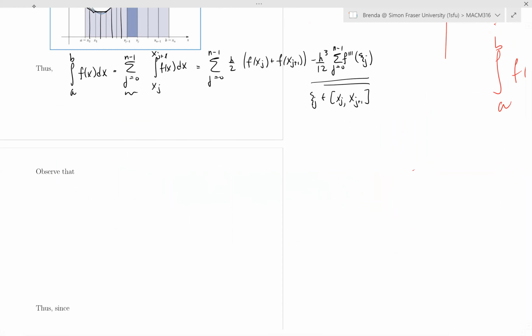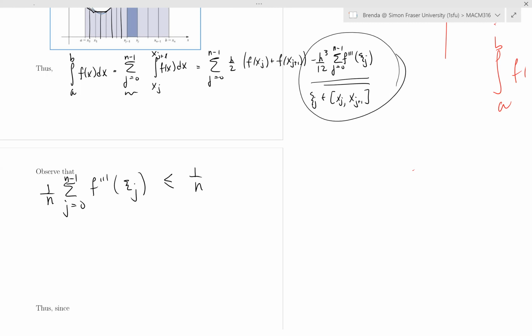If I'm taking a look at the fact that I've got a sum of a whole bunch of error terms, I'm going to notice that if I have 1 over n times the sum from j equals 0 to n minus 1 of the third derivative of these functions at some number, which we don't know, this is bounded by the maximum value for x in [a, b].